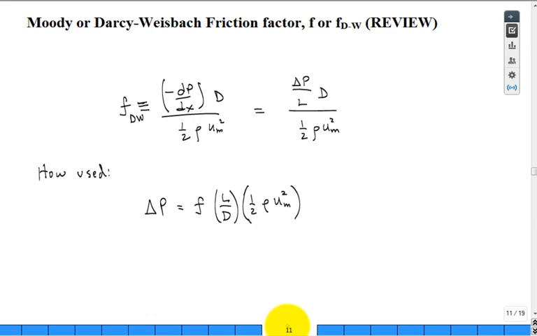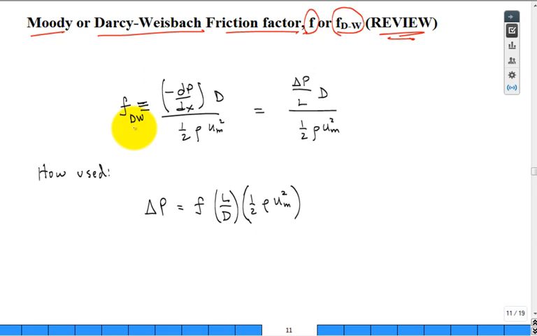All right, we had the Moody or the Darcy-Weisbach friction factor. Sometimes in this book, there's no subscript on it, it's just f. Sometimes in other books, they'll put a D, W, or a subscript D on it. Maybe you have to look again, what name did they call the friction factor in your fluids book?